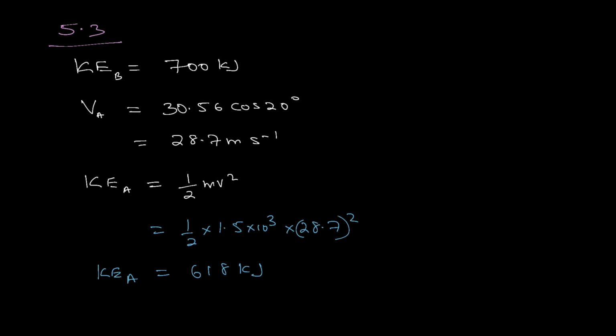Now what we need to find is the difference in energy, so the change in kinetic energy. That will be the kinetic energy before collision minus the kinetic energy after collision. So before collision is 700 minus 618, and that gives 82 kilojoules. So that's the change in kinetic energy.